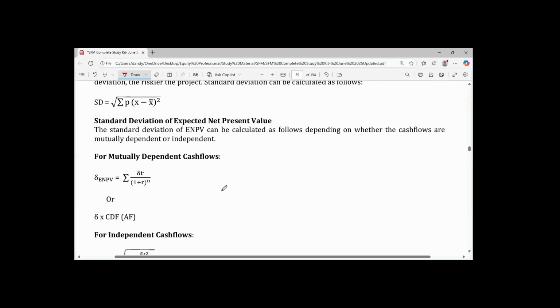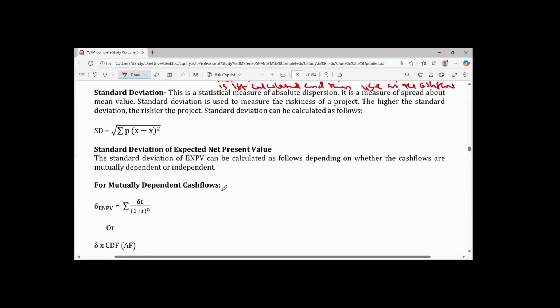All right. How do you then compute standard deviation? You have to be careful, there is a difference between standard deviation and standard deviation of expected NPV. If in a question you are asked to calculate standard deviation, it is just the square root of variance.